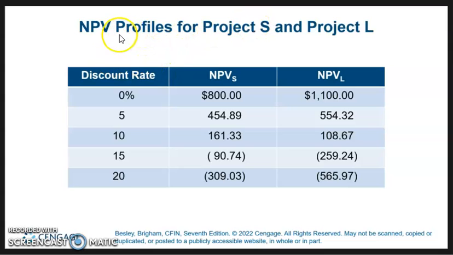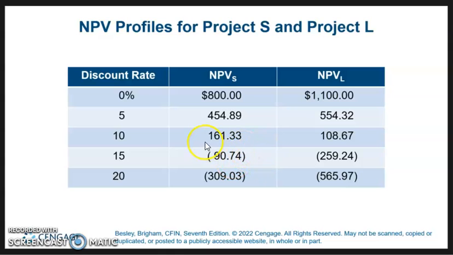these are the NPVs for Project S and Project L. I'll actually do the calculations for Project S at 0%, 5%, 10%, 15%, 20%. As I mentioned before, as the rates go up, the present values of the front-end loaded project become more valuable.